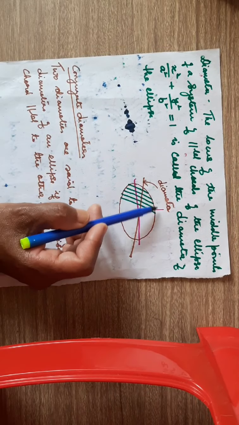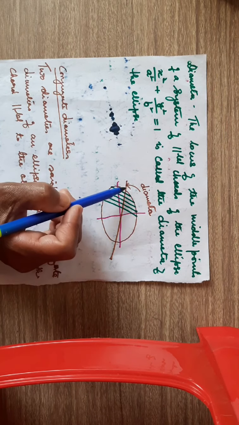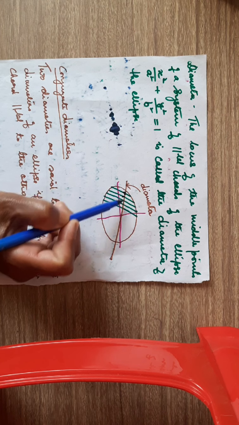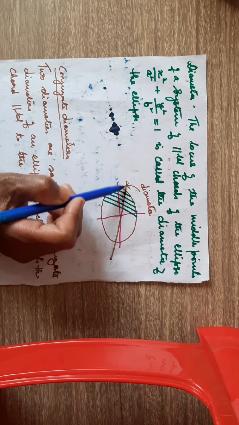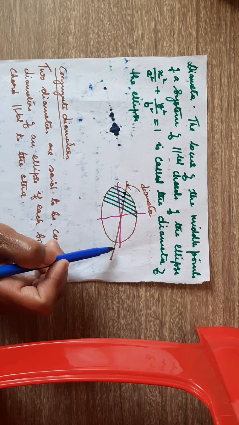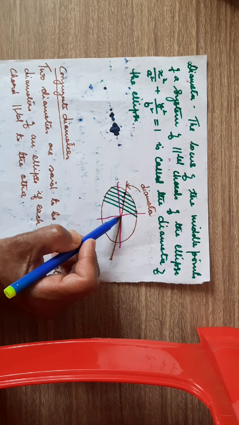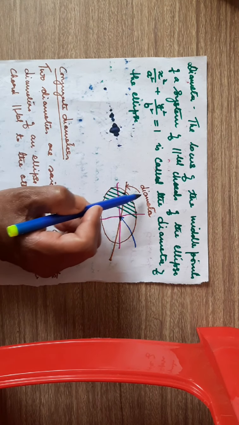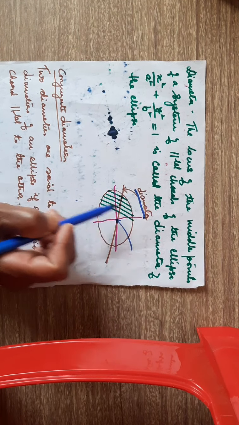So now here you draw the ellipse and then draw the system of parallel chords. Now take the midpoint of this one to be this one, the second one to be here, third one, and so on. Then when you join these midpoints of the system of parallel chords, you'll get a straight line which passes through the origin, and then this straight line will be called the diameter of the ellipse.